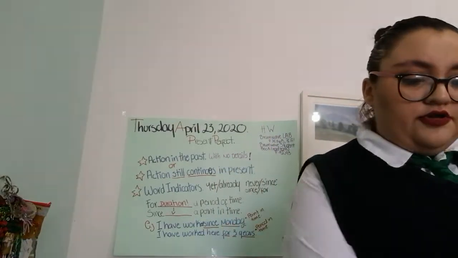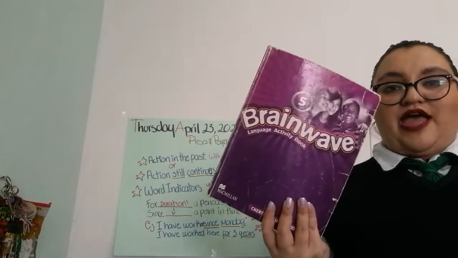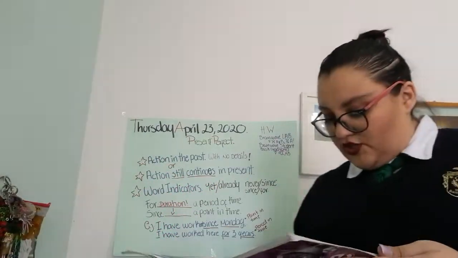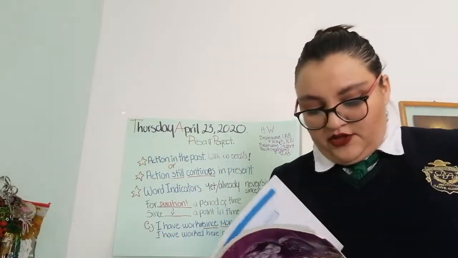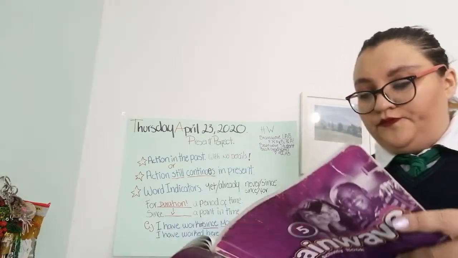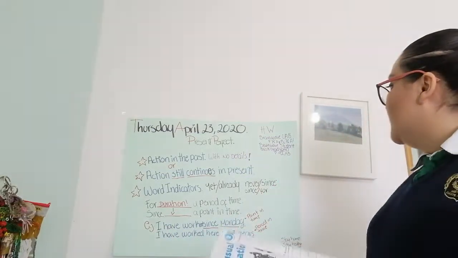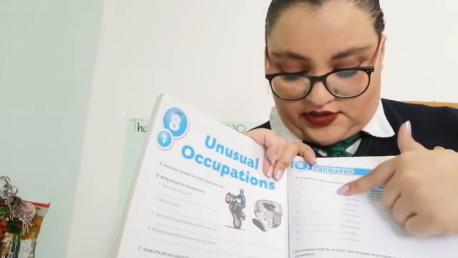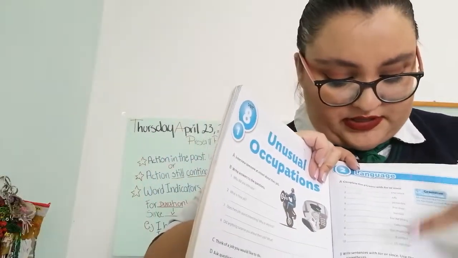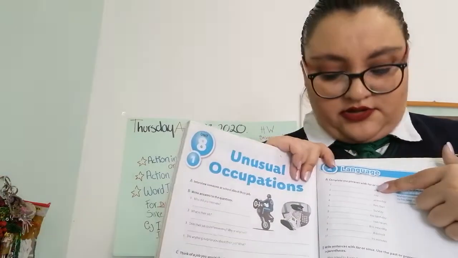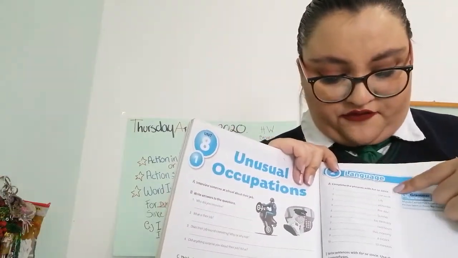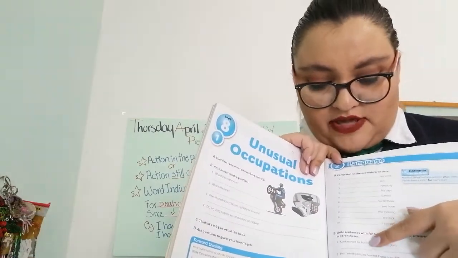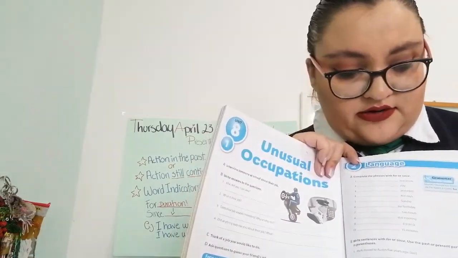Now, on to Brainwave Lab, our beautiful lab book. We're gonna go to page 75, and we're gonna do exercises A and B. We're gonna complete the words with since or for, depending on where it says. And I'm gonna make my own sentences with since and for.